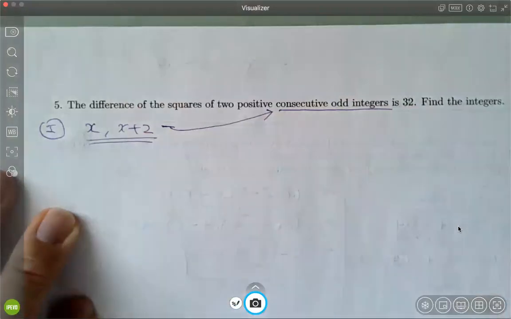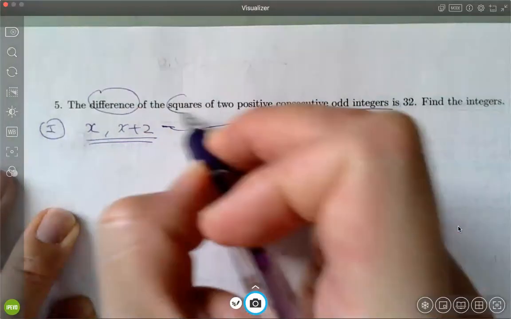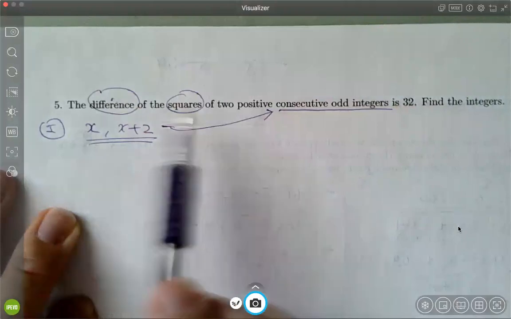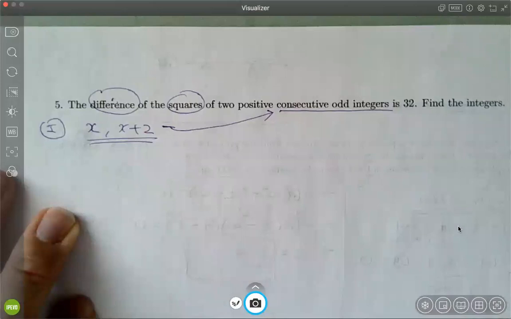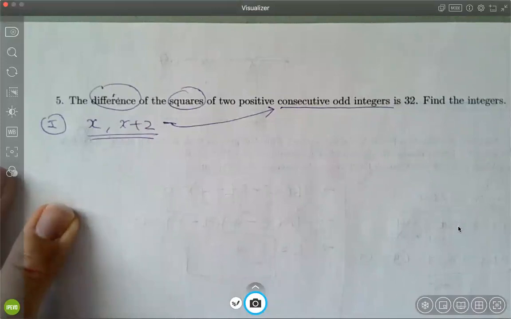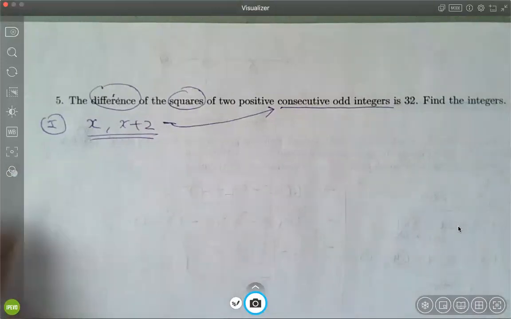Okay, so now what does it say? Difference of the squares. Now what does that mean? What do we do first?